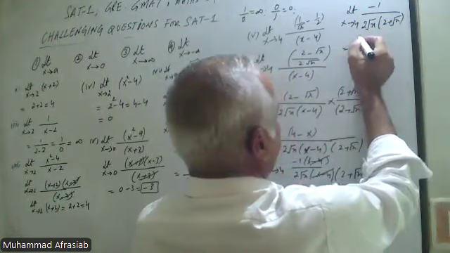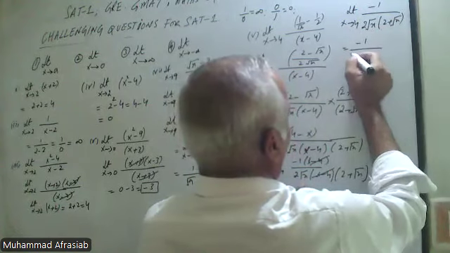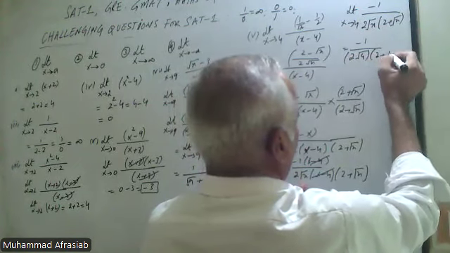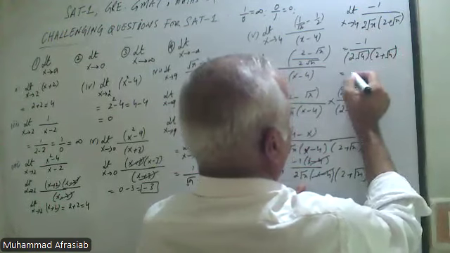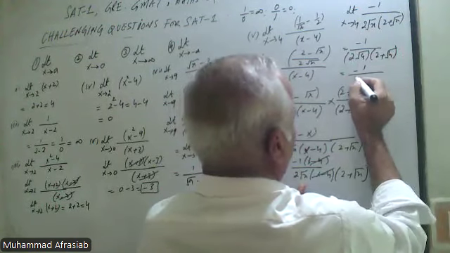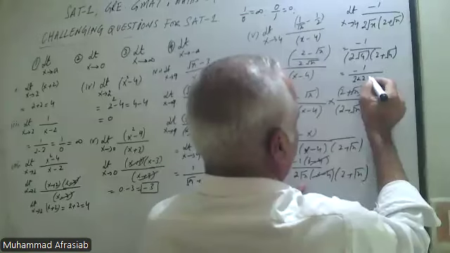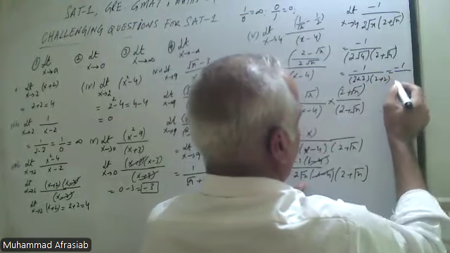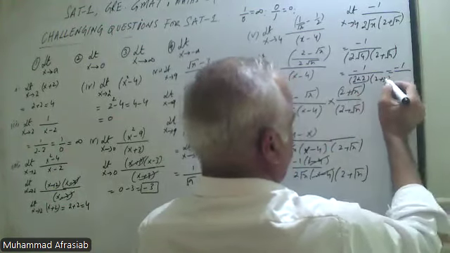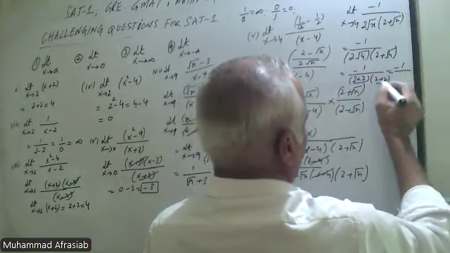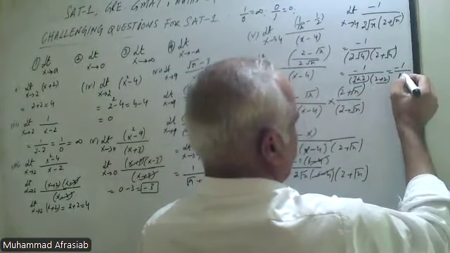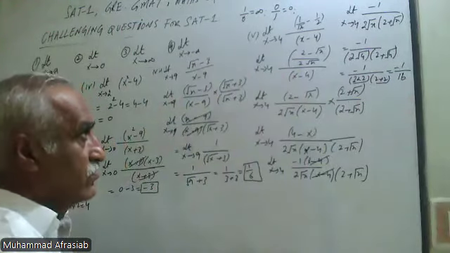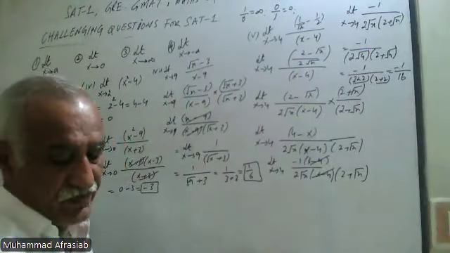Now we put the limit on it. It is equal to minus 1 over 2 into the square root of 4 into 2 plus the square root of 4. So that is minus 1 over 2 into 2 into 2 plus 2, which is minus 1 over 4 times 4, that is 16. So this is the answer for the limit when x tends to 4.